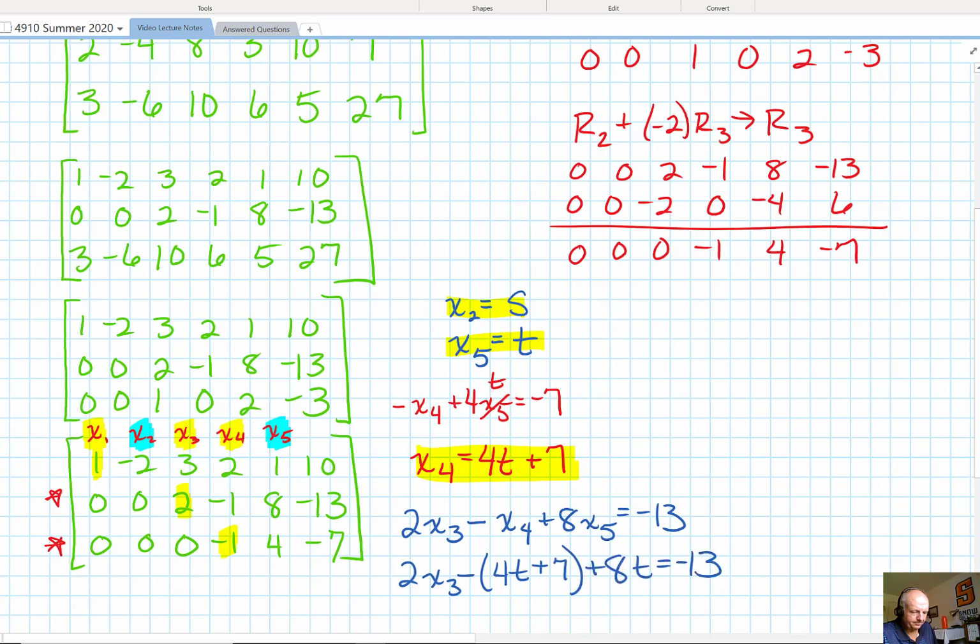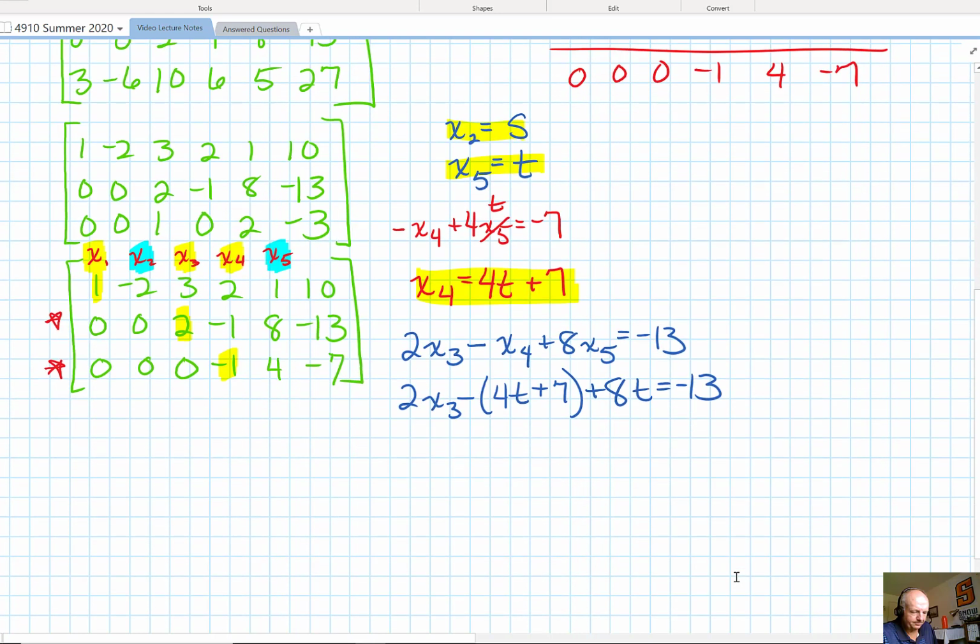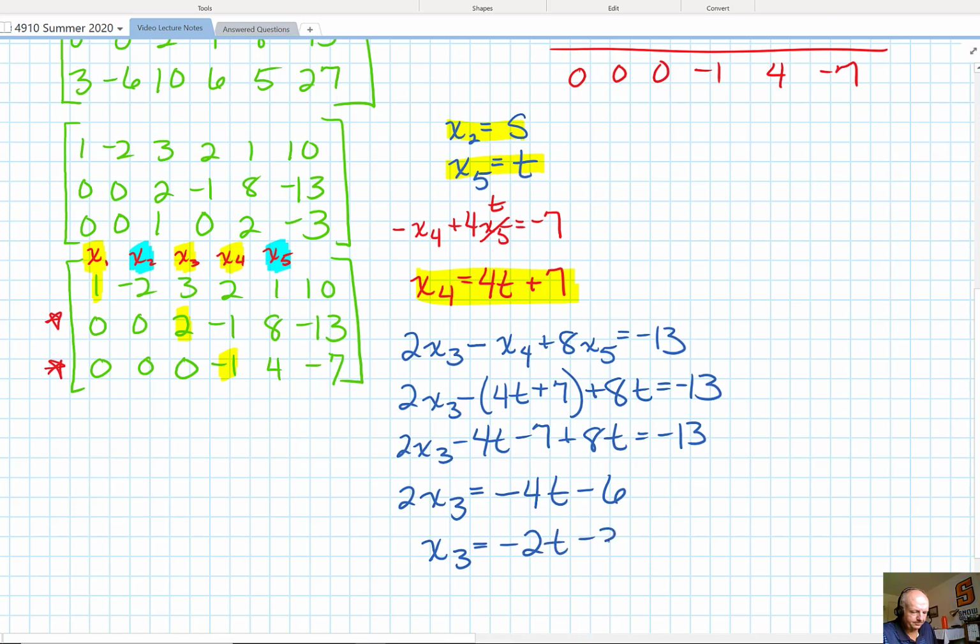So if I solve that equation for x sub 3, then I will know what x sub 3 has to be. Just doing a little algebra, 2x sub 3 equals negative 4t when I move it across, and adding the 7 gives negative 6, so x sub 3 is negative 2t minus 3. Okay, so there's the formula for x sub 3.